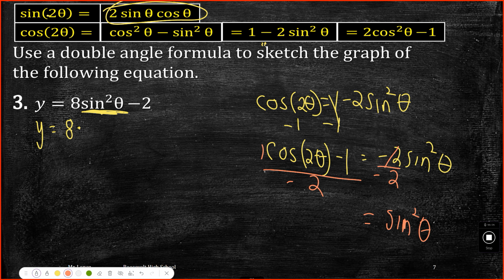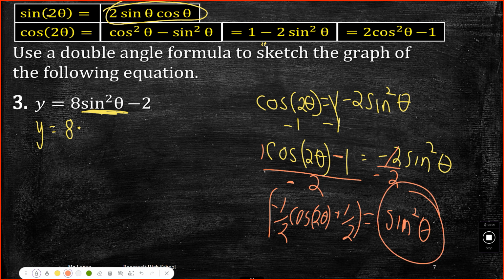There's a 1 here, so it'll be negative 1/2 for this part, negative 1/2 here, and this is positive. A negative divided by a negative is a positive 1/2. But I forgot to put my cosine 2 theta here. Positive 1/2, there it is.